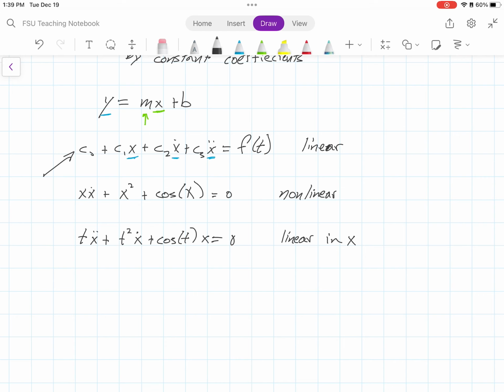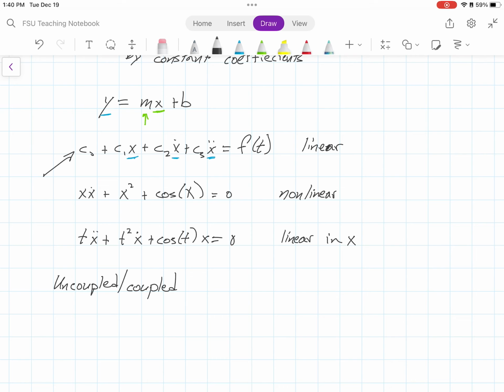Finally, and this is along the same lines as linear versus nonlinear, we have uncoupled versus coupled equations. And this has to do with systems of equations. So we're talking about coupled in our dependent variables.